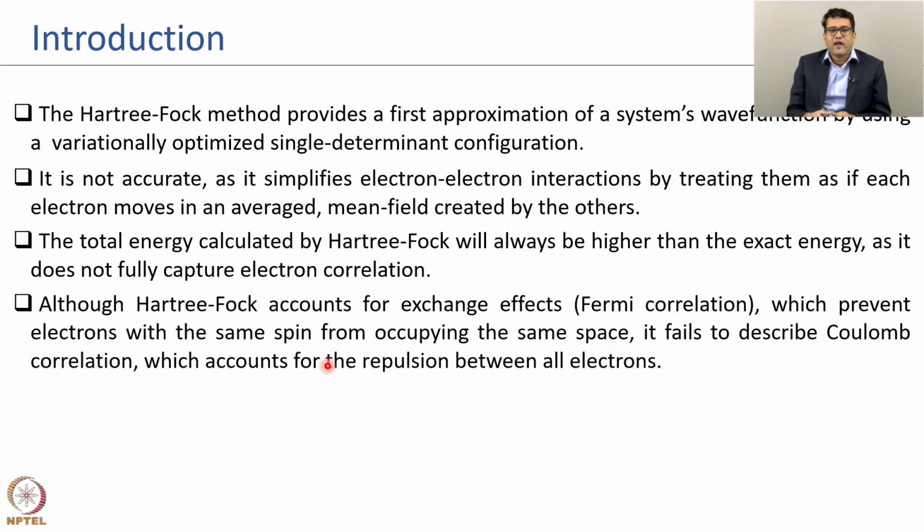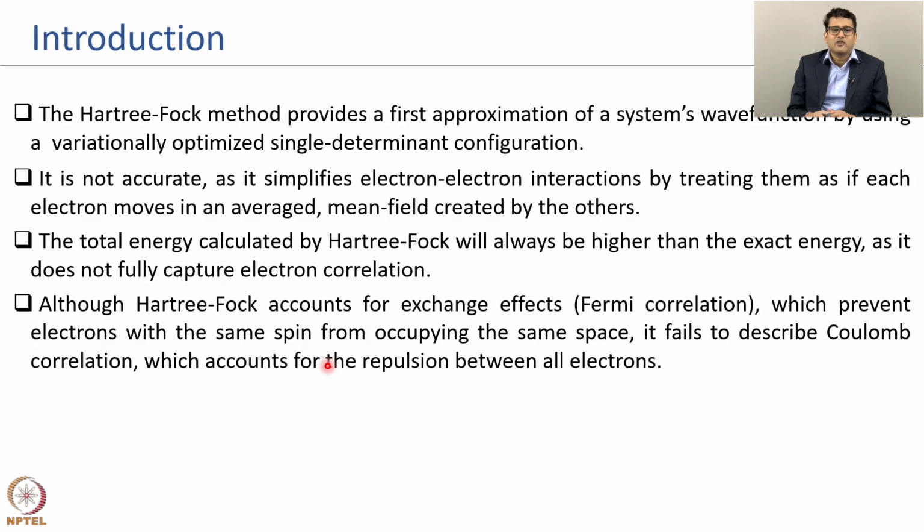And although Hartree Fock accounts for the exchange effect, the so called Fermi correlation, which prevents electron with same spin from occupying the same space, it fails to describe what is called a Coulomb correlation. This Fermi and Coulomb correlation is a very loose term, but essentially it means that the electrons of opposite spins should also avoid each other, because they are charged particles. For the Coulomb interaction, they are supposed to avoid each other.